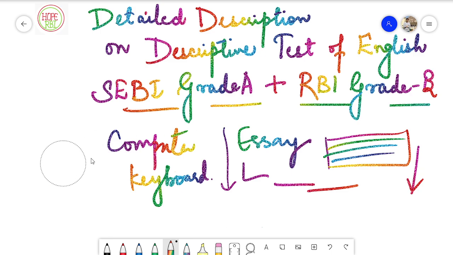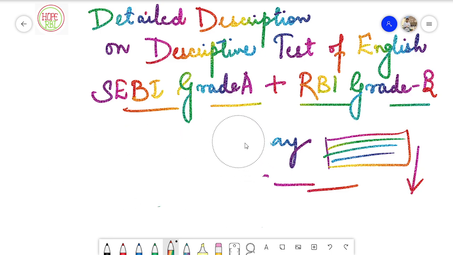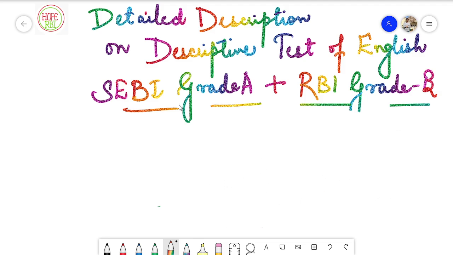Secondly, the second thing I am asked a lot of times is regarding the typing interface, basically where you have to type the answers to the descriptive questions of English. Your interface is very simple.